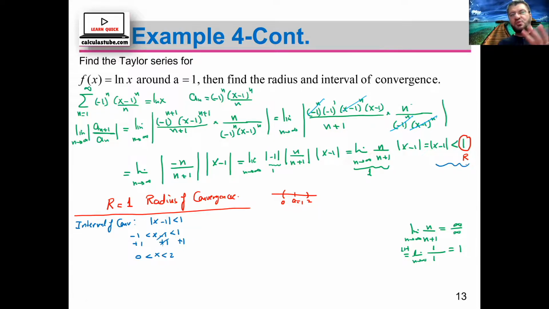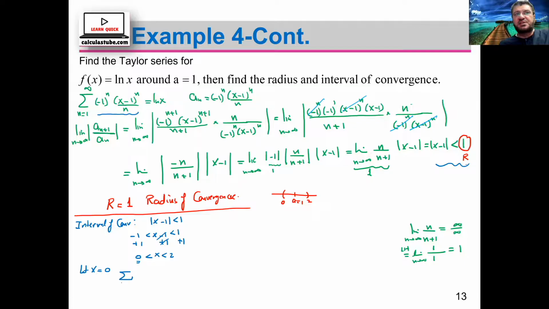So what do we do now? I know that the interval of convergence is between 0 and 2. But do you think we should include the 0 and the 2? We don't know. So let's check now. I'm going to start with x equals 0. Where do we plug it? We plug it back into our function, which is here. So what do we get in this case?